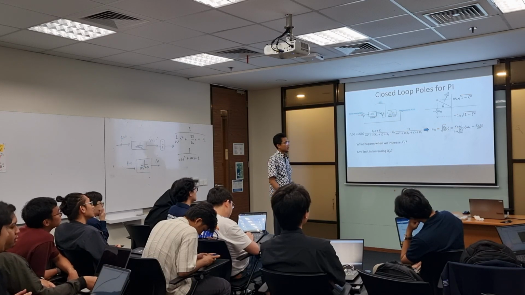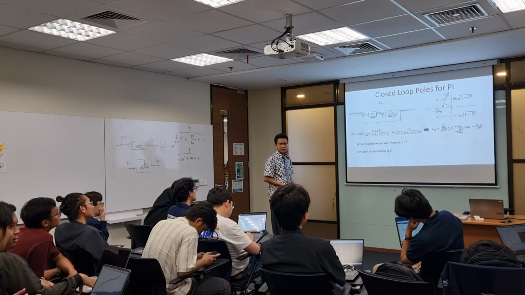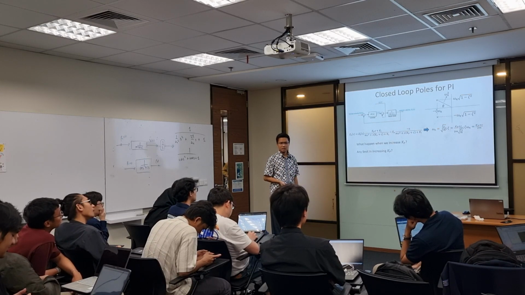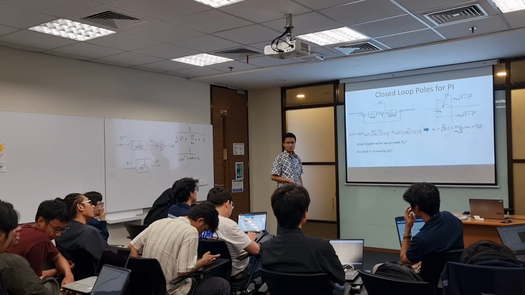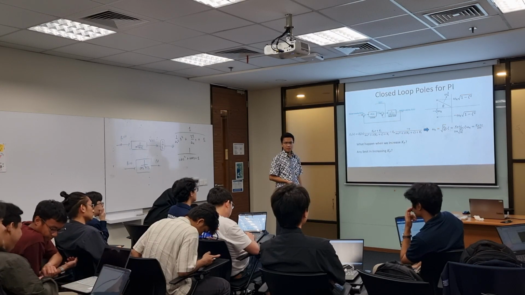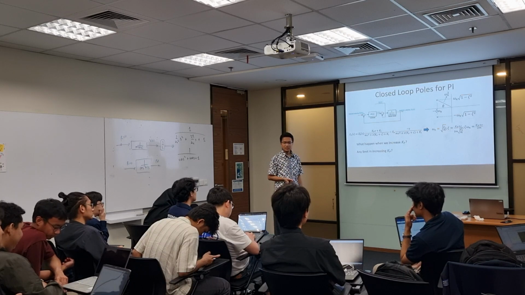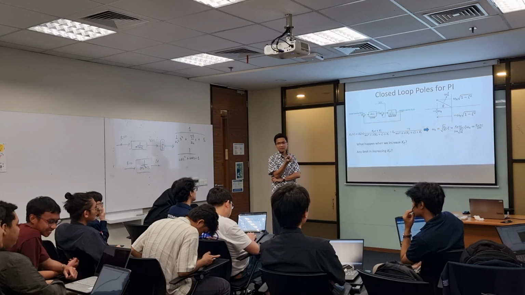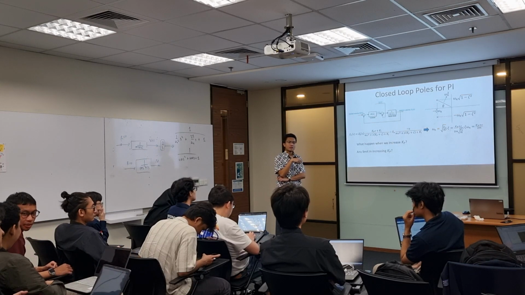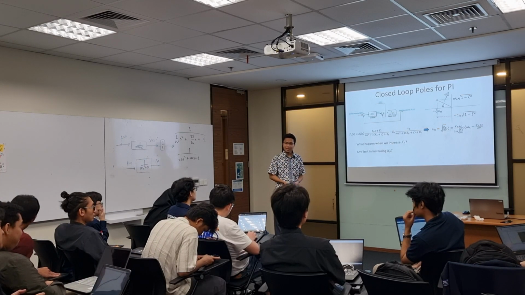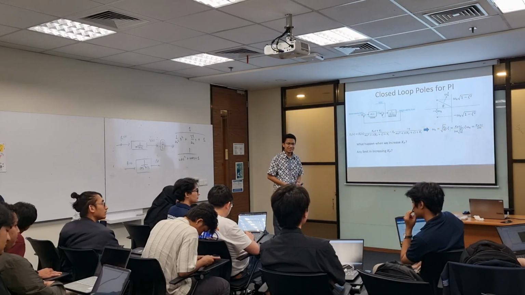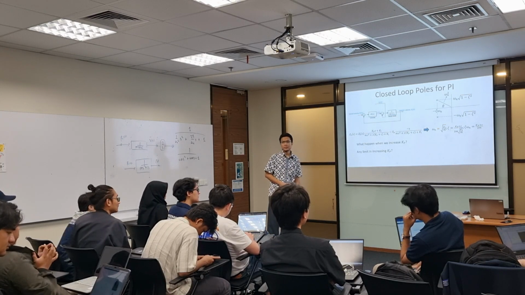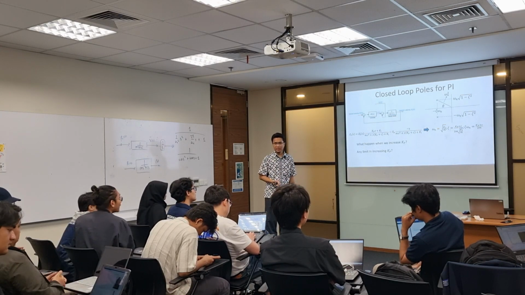So if zeta becomes bigger and bigger, will the response also be faster? Big zeta, is the response fast or slow? Zeta is damping. Big zeta means more damping, right? So it will be slower.